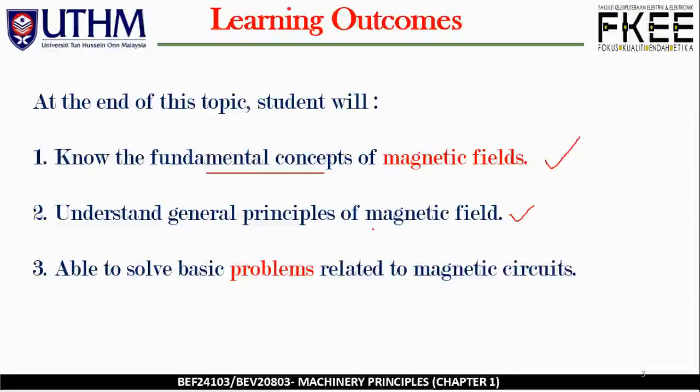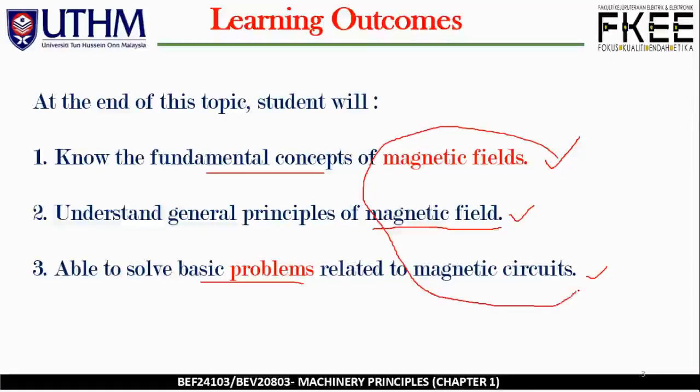Again, we are going to emphasize this particular element. Point number 3, able to solve basic problems related to magnetic circuits. So all here will mainly focus on magnetic field as well as magnetic circuits.